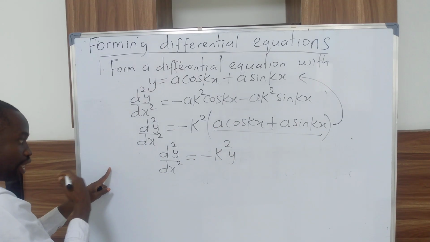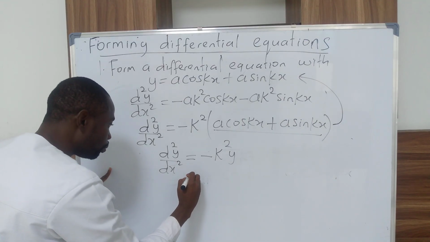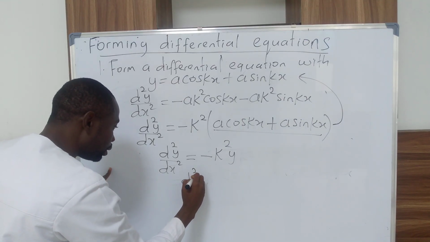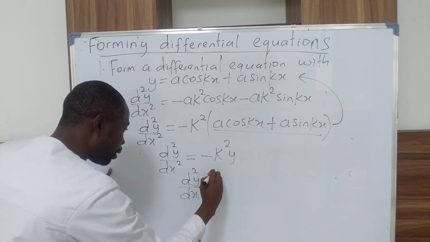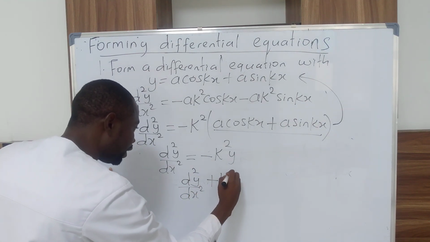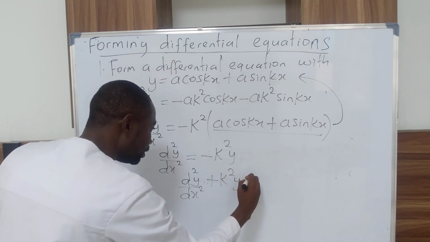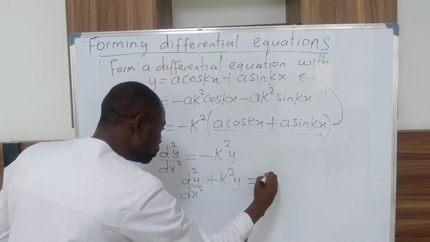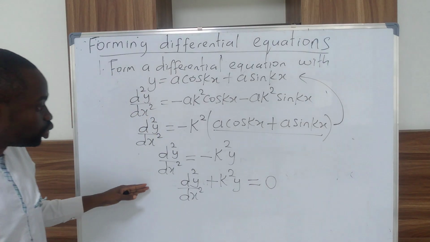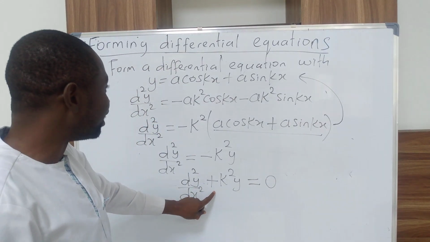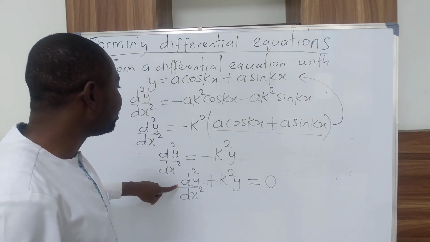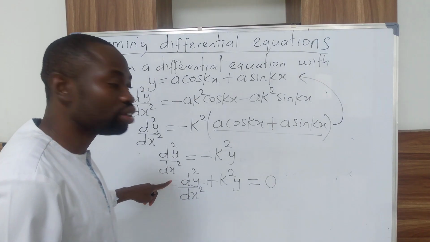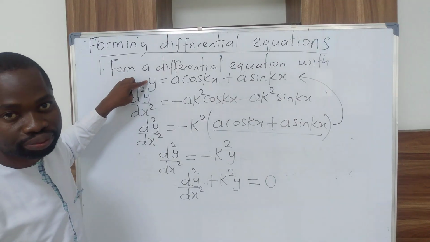You can bring this to the left. This will become d squared y over dx squared plus k squared y is equal to 0. So this is the final answer of the question. So this is a second order differential equation of this function.